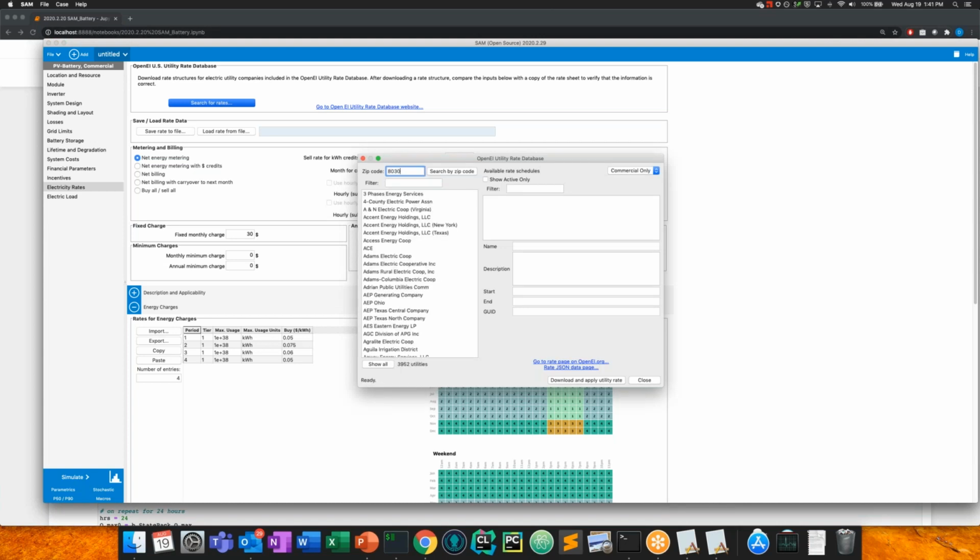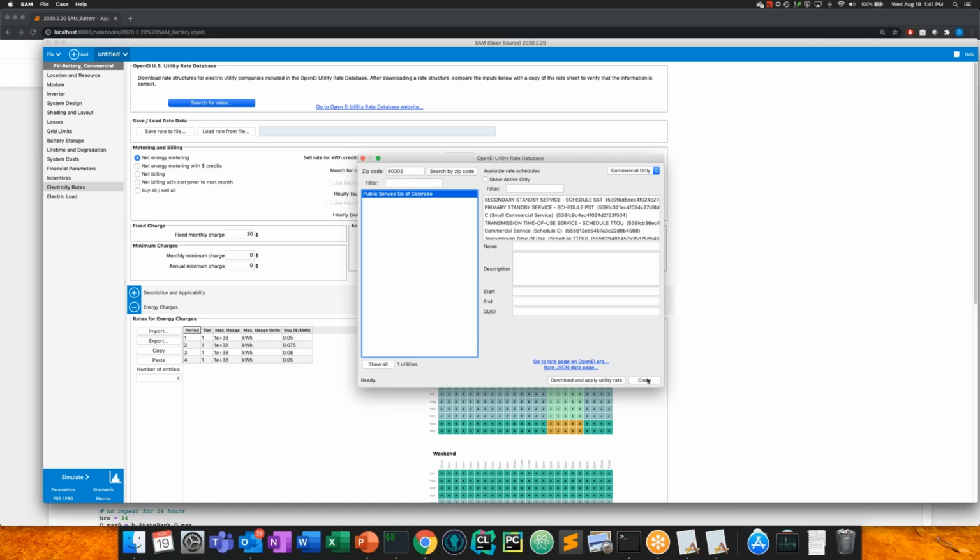So for instance, I can type in a zip code and select a utility rate to download and to apply.